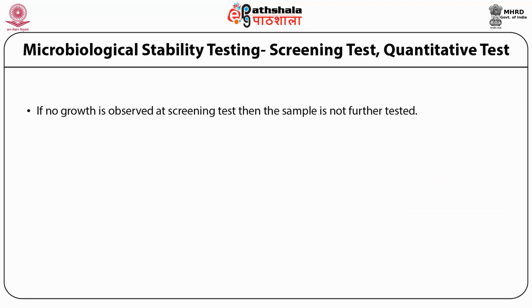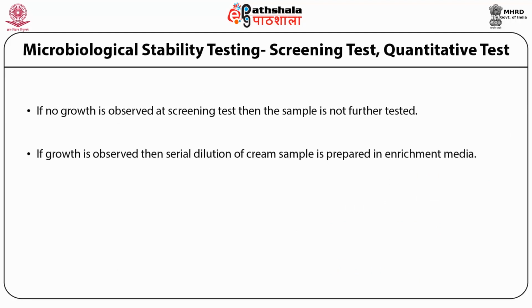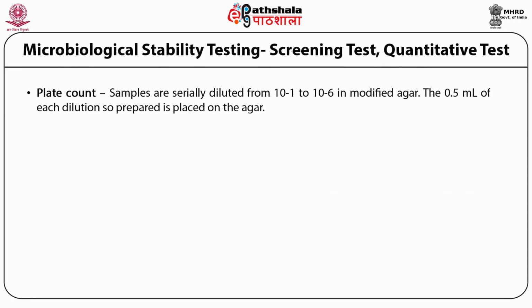If no growth is observed at the screening test, then the sample is not further tested. If growth is observed, then serial dilution of the cream sample is prepared in enrichment media. Plate counts are also done. Samples are serially diluted, and each dilution is spread on the agar plate.